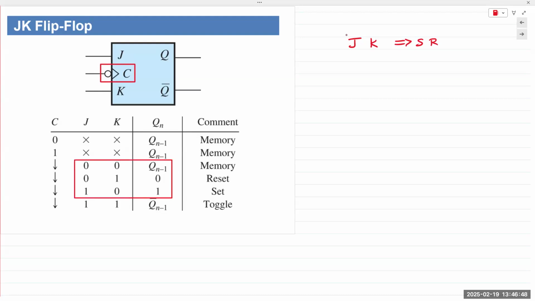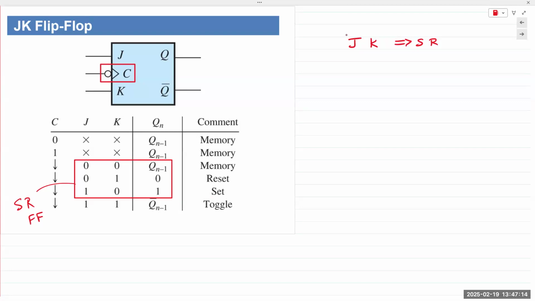Say this is the standard SR flip-flop. J is analogous to S and K is analogous to R. If J is 0, output Q is 0. If J is 1, output Q is 1. Set, reset. Okay.